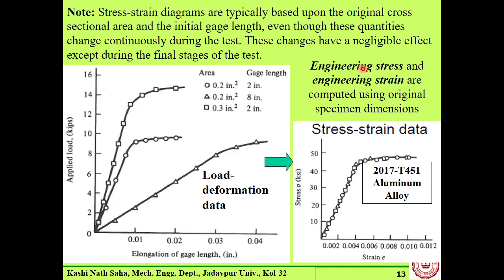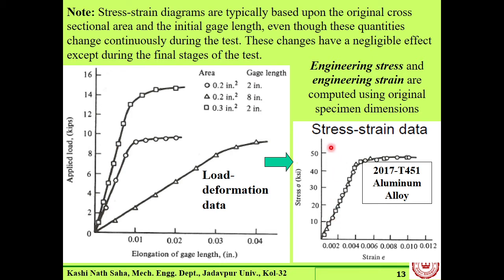But then there are certain other measures which give rise to other types of stress and strain measures. What we observe is that if the stress and strain are measured through some other technique, the change in the stress strain diagram up to the elastic limit, which we call the yield stress limit, is negligible.